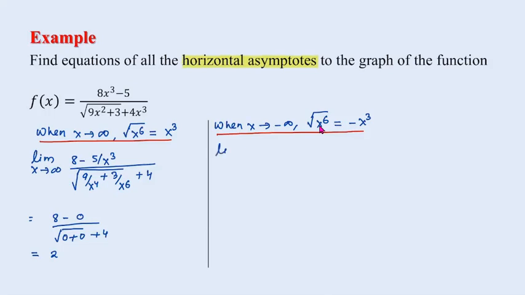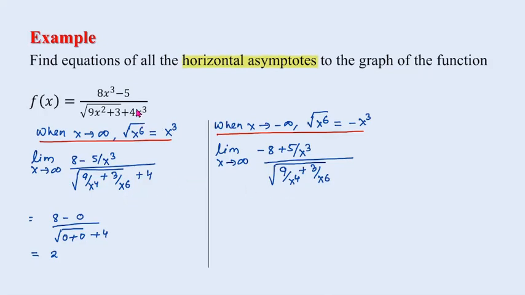So we get the limit as x approaches negative infinity. When you divide this by negative x cubed, that will be negative 8. If we divide this by negative x cubed, that will be plus 5 over x cubed. And in the denominator, when you divide by x to the 6 inside the square root, it will be 9 over x to the 4 plus 3 over x to the 6, just like our first case.